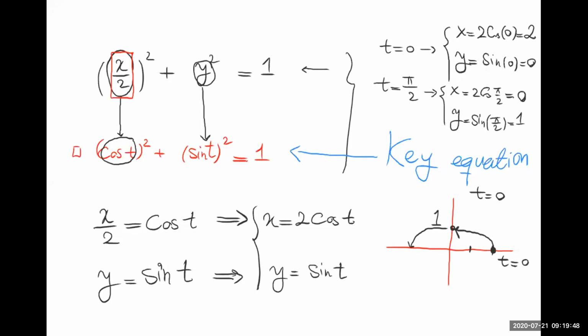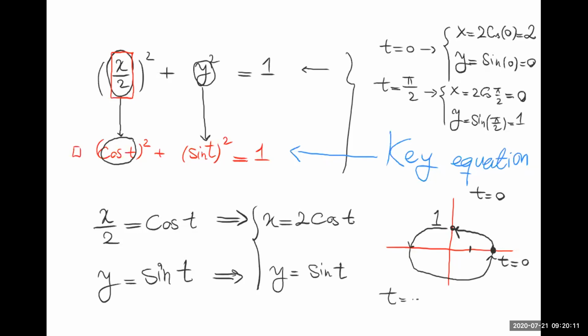You can try more values for t to find x and y and connect them to see if this is the ellipse you're going to get. So that's how we find a parametrization for a curve in a plane.